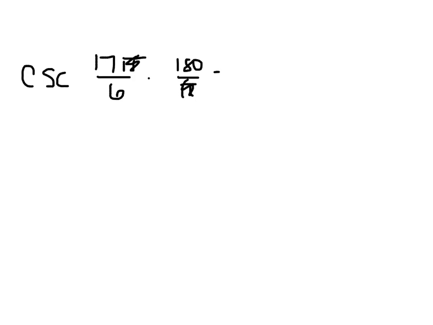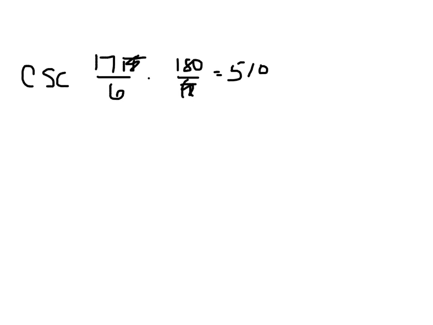On the contrary, it's also going to give you stuff like cosecant of 17 pi over 6. So again, first thing I'm going to do is take 180 divided by pi, get it as degrees, so that I know what I'm working with. If I take 17 times 180 divided by 6, I get 510.